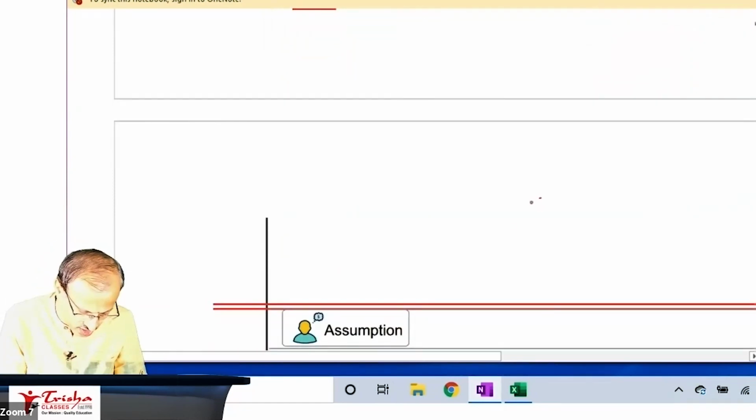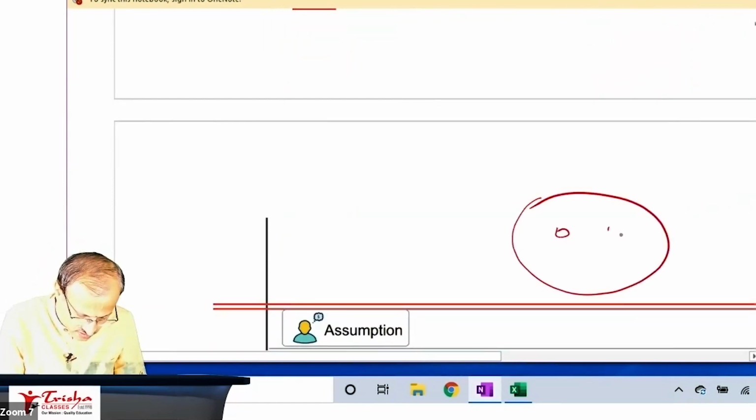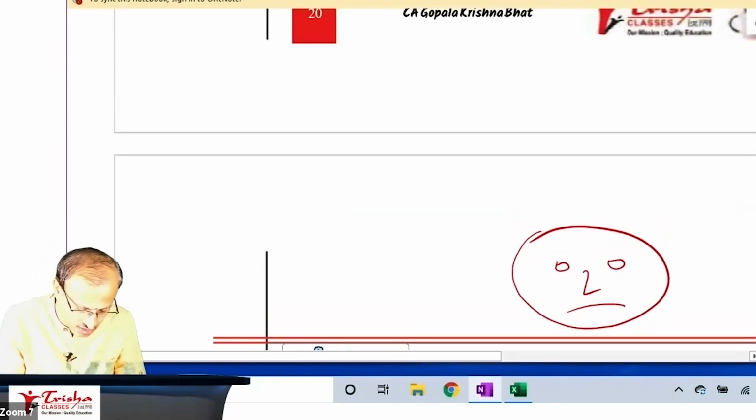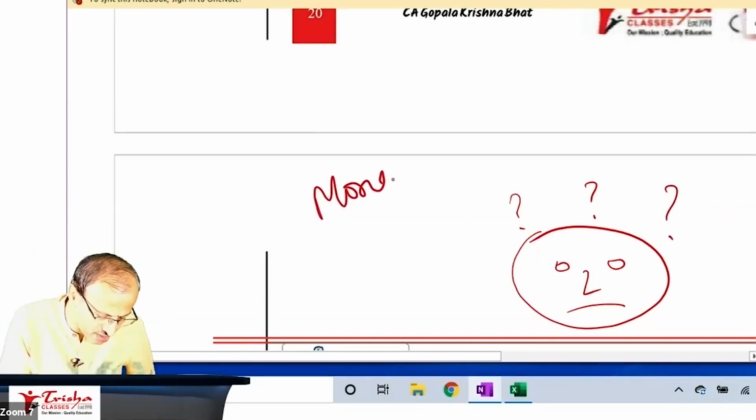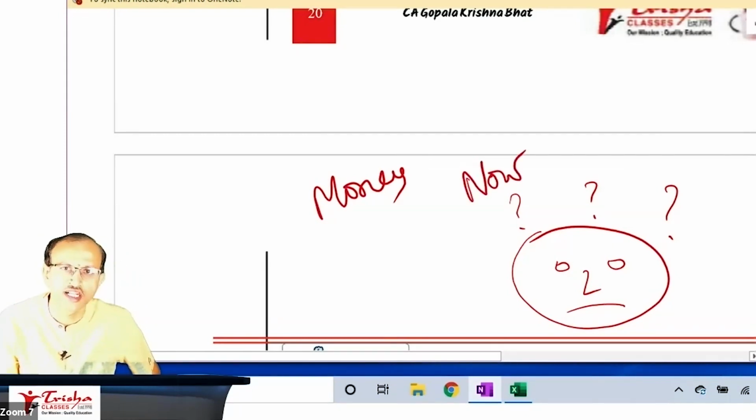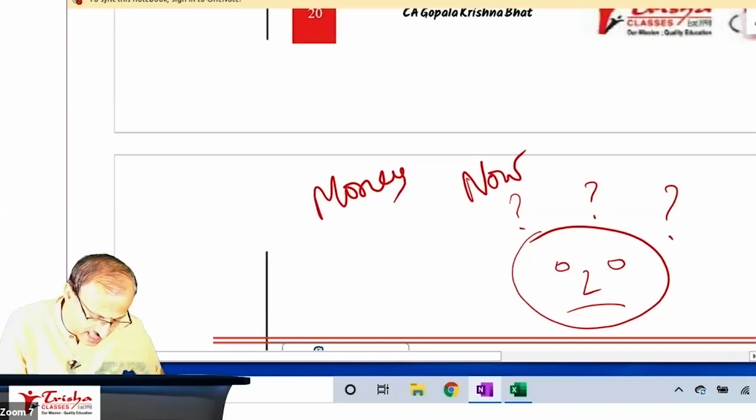Then I told you in this chapter, hope you remember this diagram, 3 questions should come to your mind. Any money given to you, you have to ask, what is the first question? Is that money now? Very good. Then you call that present value.